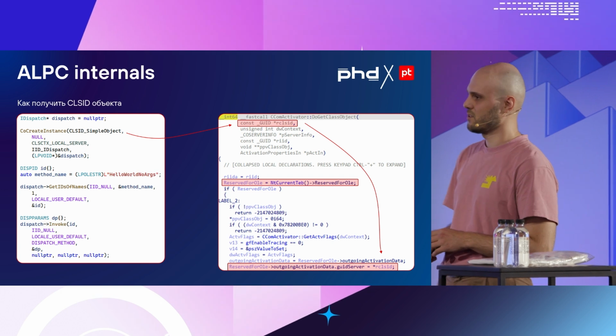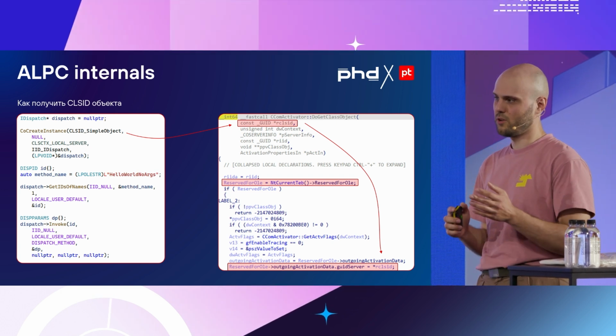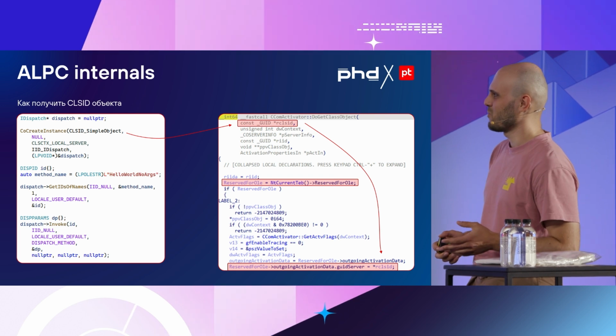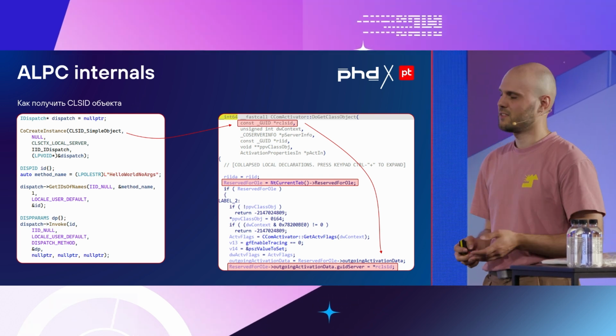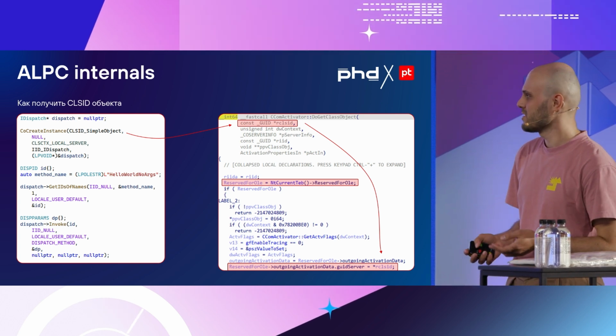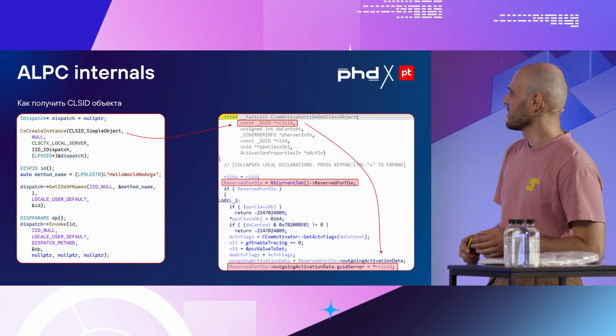And in conclusion, if you call a COM object not by the real interface but through the IPID, then you will see that in ALPC traffic the real interface is not showing anywhere.